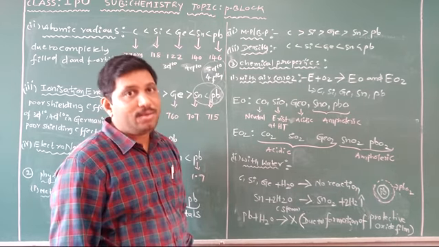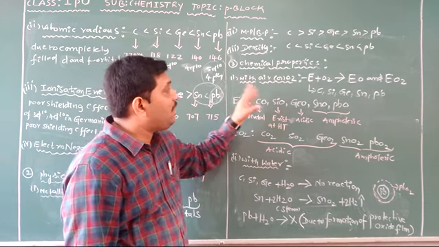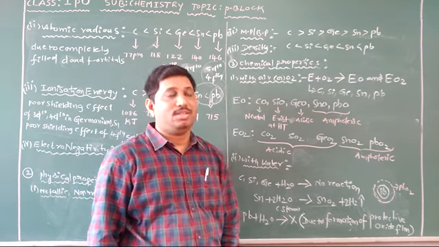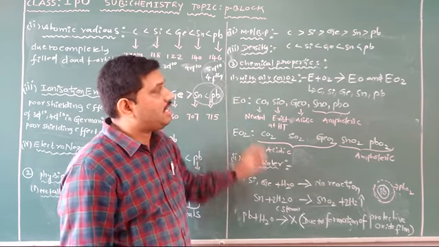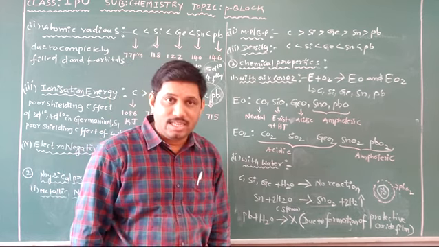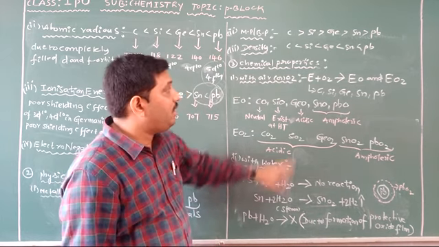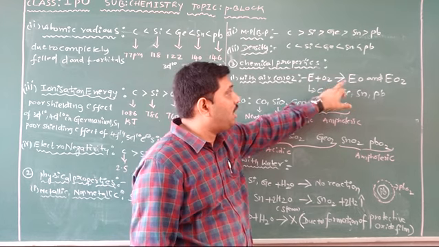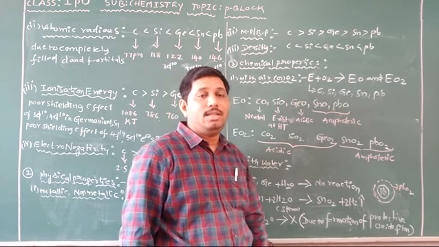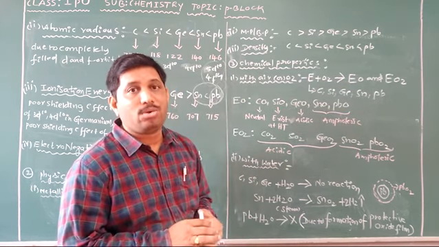The third topic in this carbon family is chemical properties. In that, the first one is reaction with air or oxygen. When these elements react with oxygen, they can form two types of oxides, monoxides and dioxides.